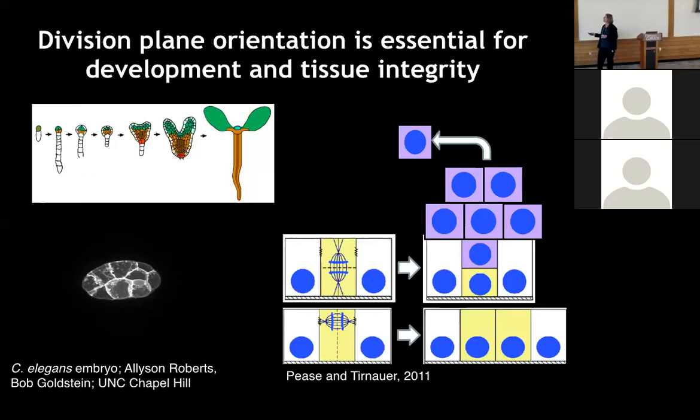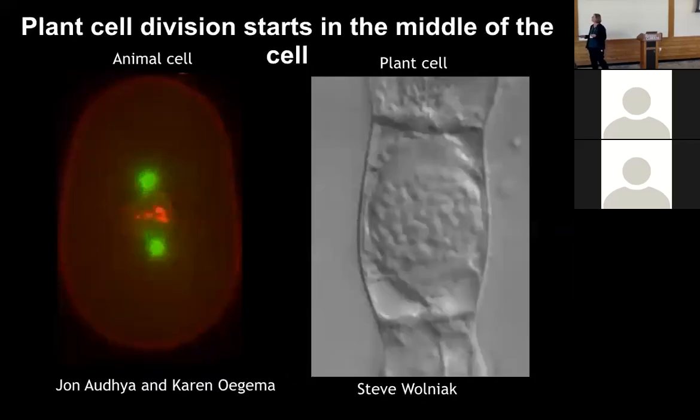But if you have misorientation in this division, suddenly you have cells that are no longer bound to their substrate, and they're free to proliferate and also to move. So by understanding division plane orientation, we might get some insight into this very earliest stage in human cancers.